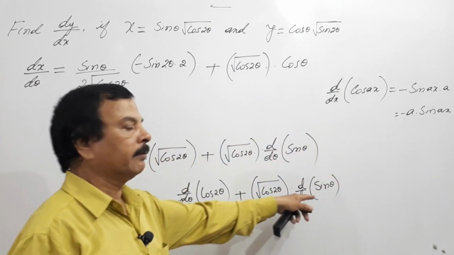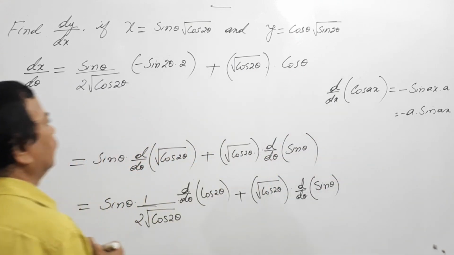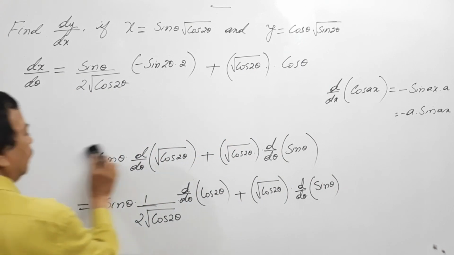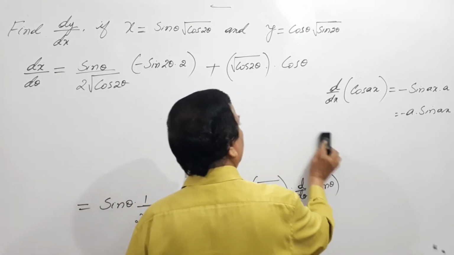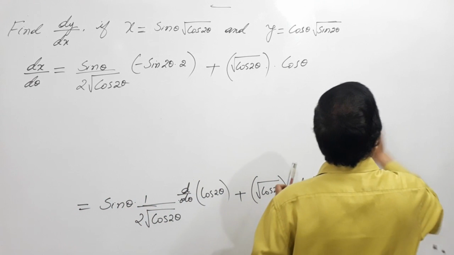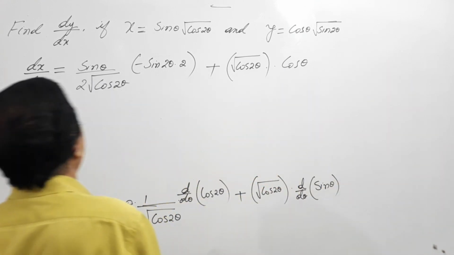If you differentiate, d by d theta of sin theta is cos theta. So let's simplify this.